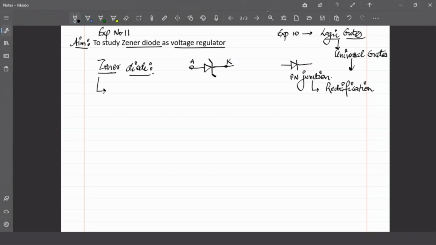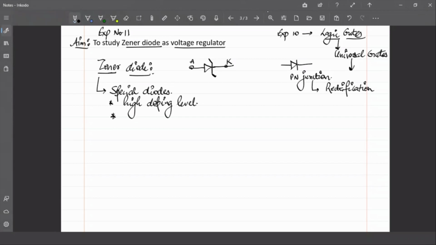So Zener diode, it actually falls in the category of special diodes. Okay, special diodes, it has the property of high doping level. There's a high doping level in the PN regions here, which are joined together.